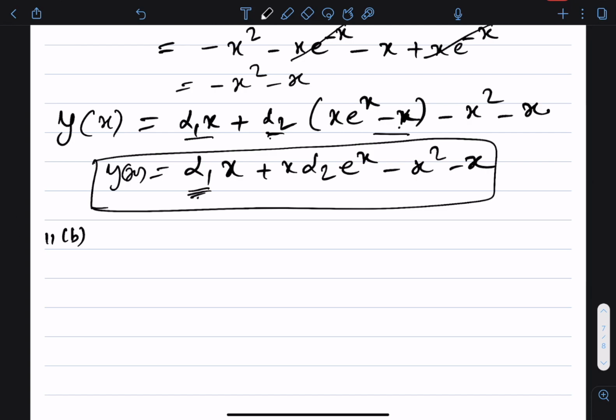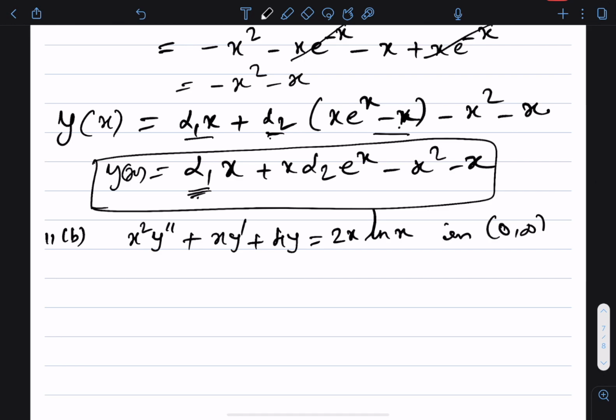So what is given is x square y double prime plus xy prime plus 4y equals 2x log x in the positive real line. So now you see it is already in the Cauchy-Euler form, right?